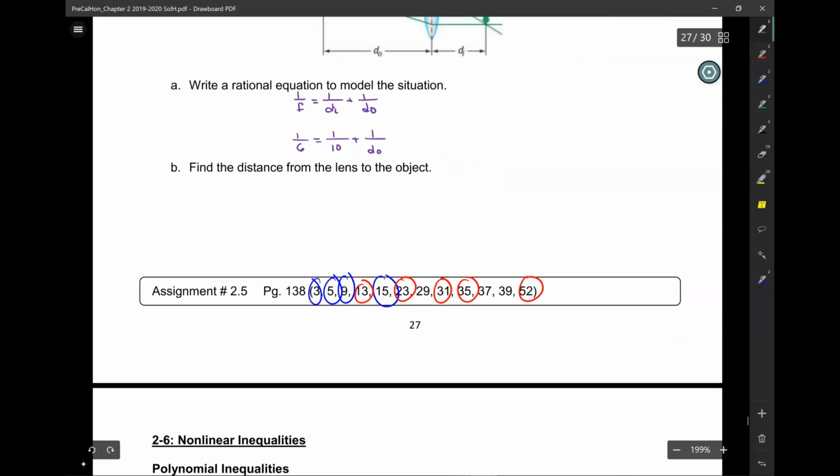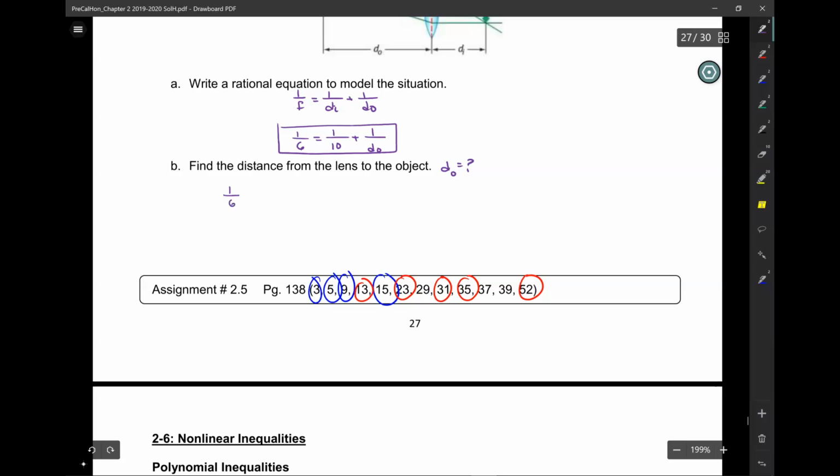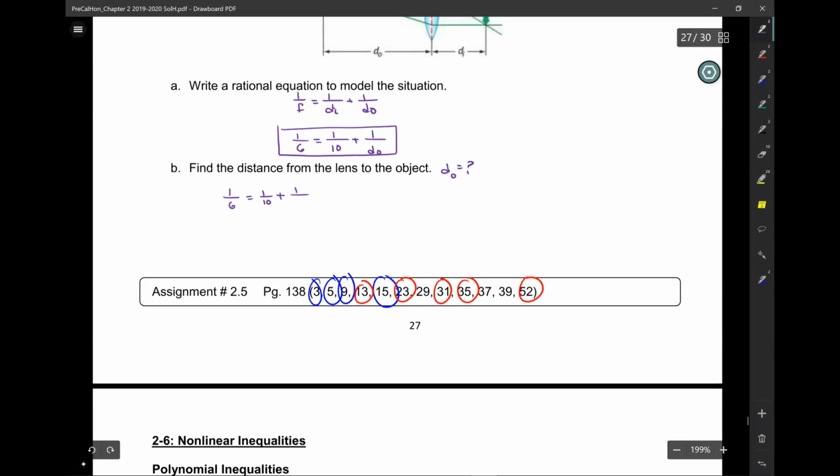Then it says to solve, to find the distance from the lens to the object, that's DO. So, if I have my cute little equation, what is the common denominator? What's the LCD here? 60.